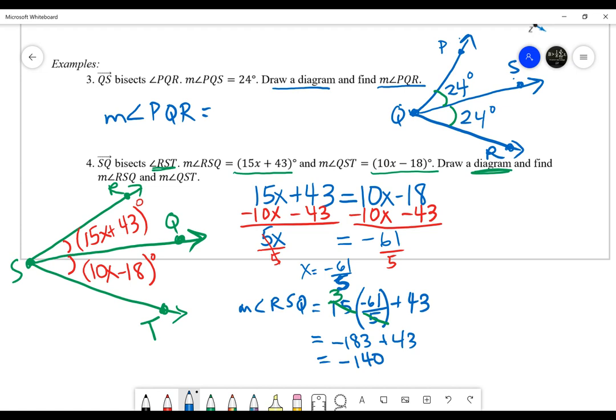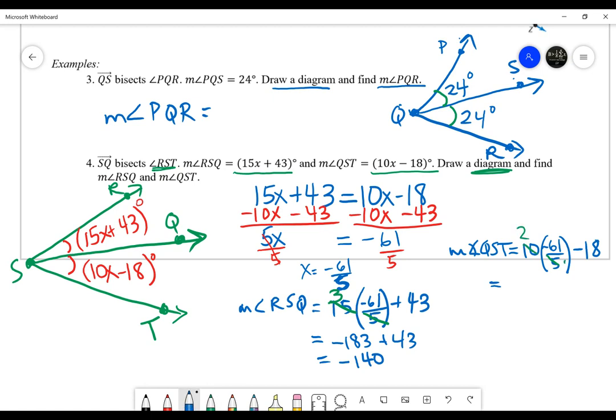Now the other one, which is QST, is going to be 10 times x minus 18. So these two are also going to cancel. That's a 1, that's a 2.